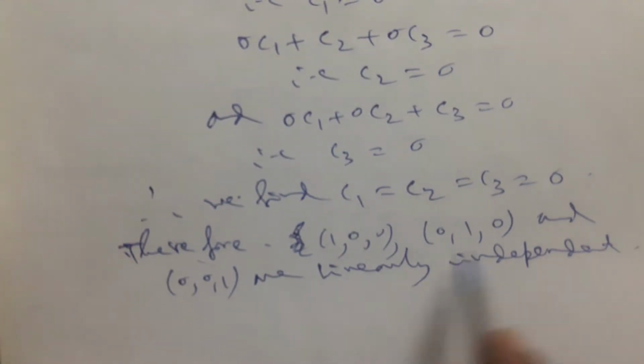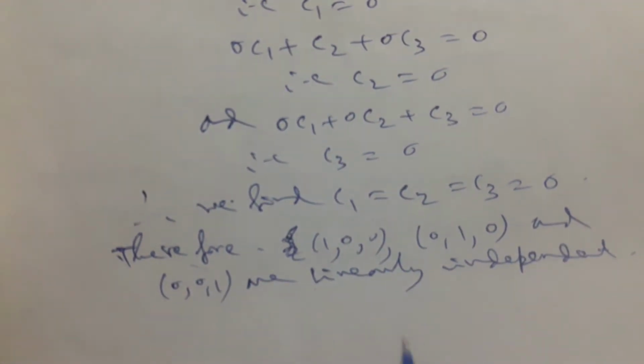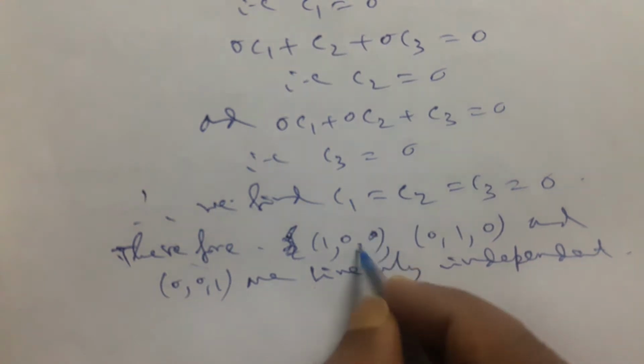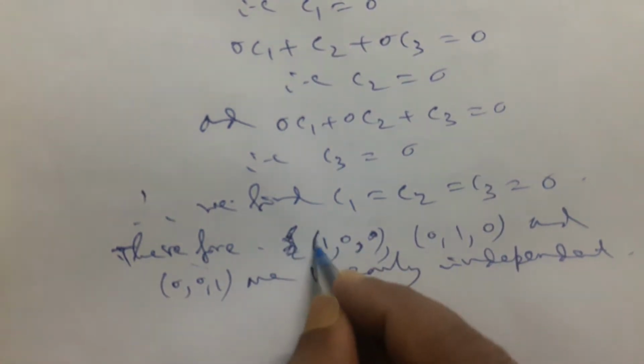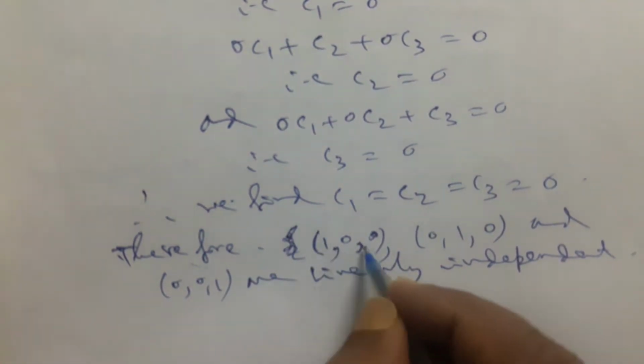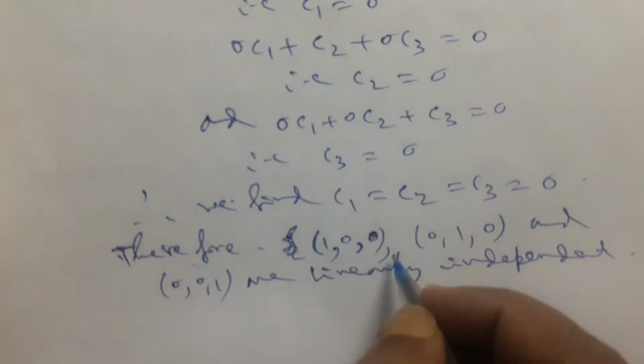We declare it, and that's why, since they are linearly independent, they make the three-dimensional axis system with the help of the coordinates, and with the help of this we draw the axis system here.